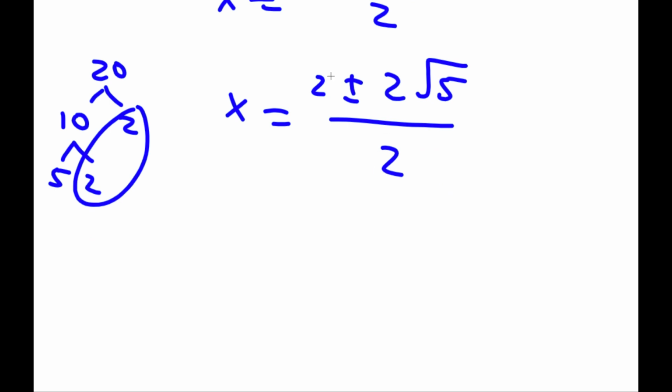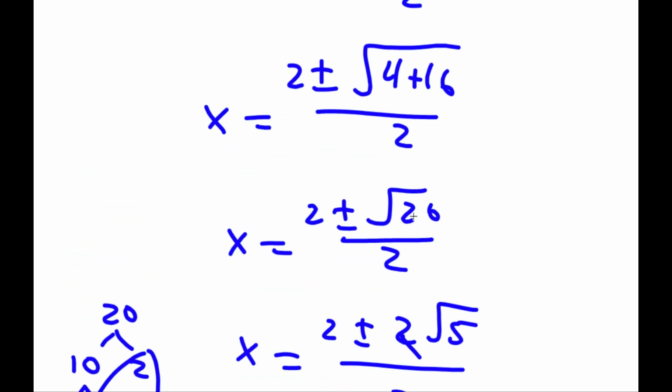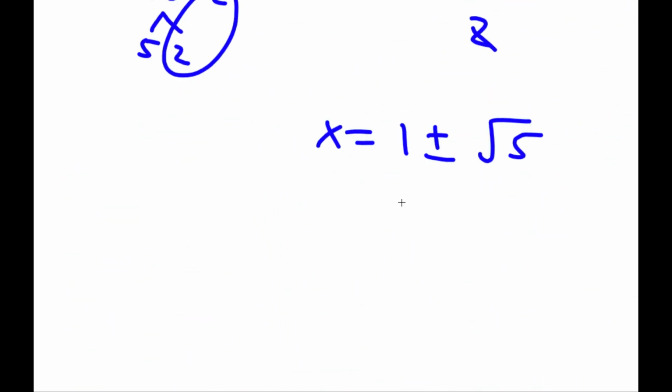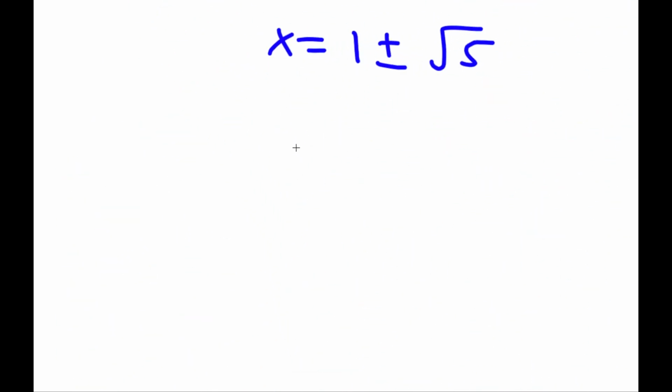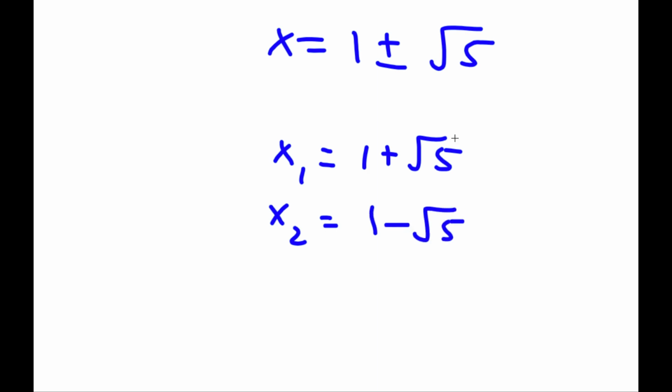Now we can simply divide both these terms by 2. 2 divided by 2 is 1, so I have 1 plus or minus 2. This 2 root 5 over 2 is simply square root 5. So my two solutions for x are x is equal to 1 plus the square root of 5, and x is equal to 1 minus the square root of 5.